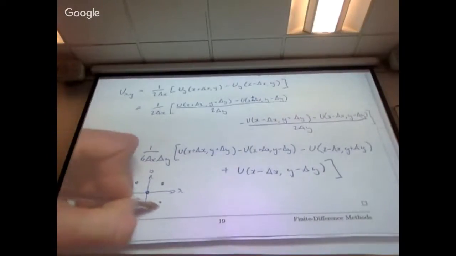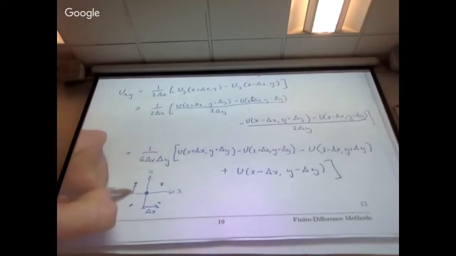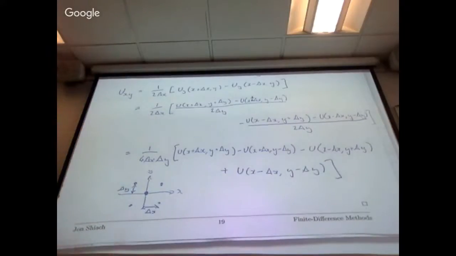So if that is delta x, and that distance there is delta y, I've gone to the 4 corners. I've taken that corner, minus that corner, plus that corner. Calculate that, 1 divided by 4 times delta x times delta y. That will give me an approximation of that mixed derivative.